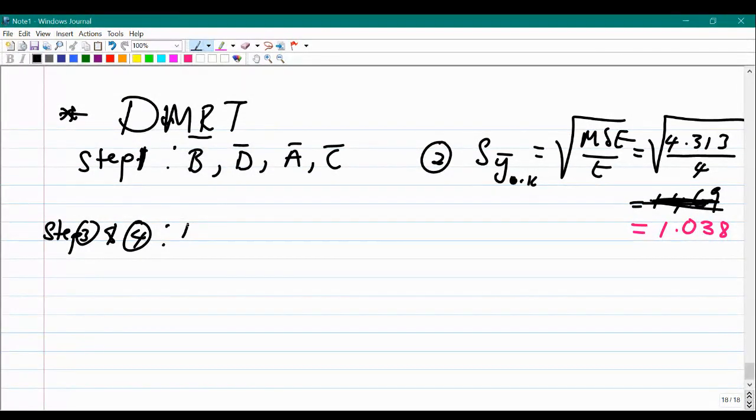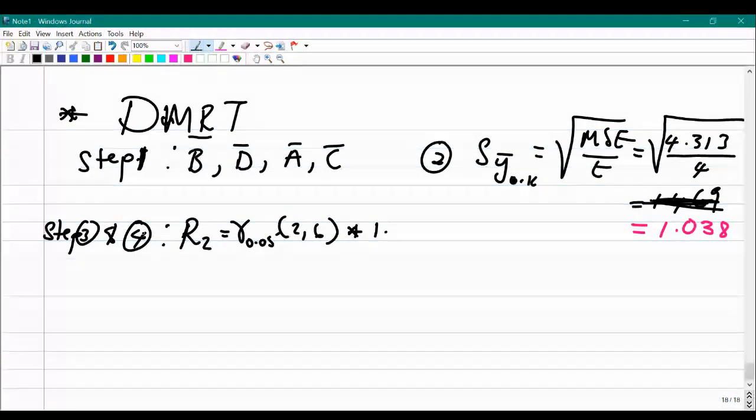So now we know what we need. How many ranges? We need 3, right? So we'll have R2. You can combine step number 3 and step number 4 because you know it's going to be R at 0.05, 2 and 6, multiplied by 1.038.